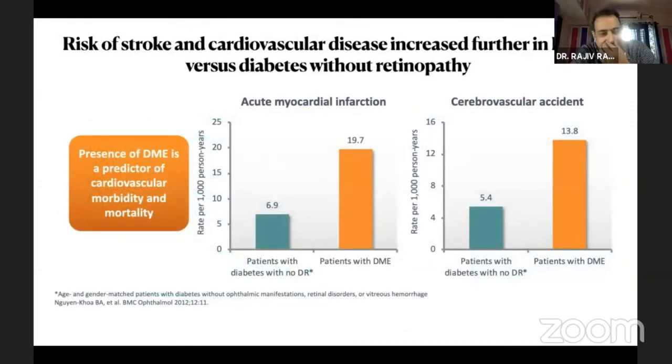This was a study looking at the risk of acute myocardial infarction or a cerebrovascular accident. You can see a patient who has diabetic macular edema has more than 2.5 times the risk compared to a patient who has diabetes with no diabetic retinopathy. So the journey is not only the eye; they have many other events during this journey.